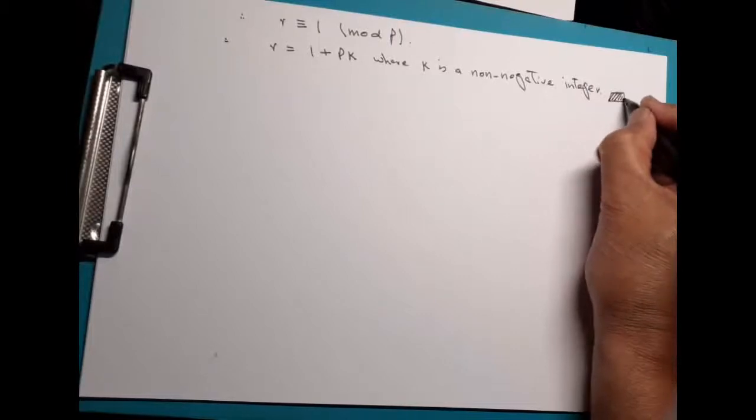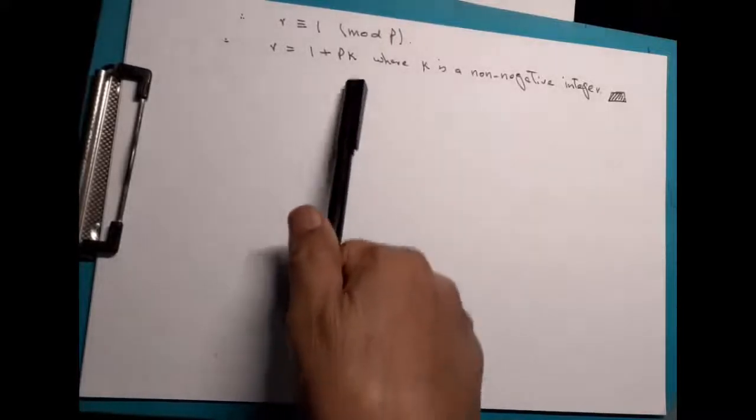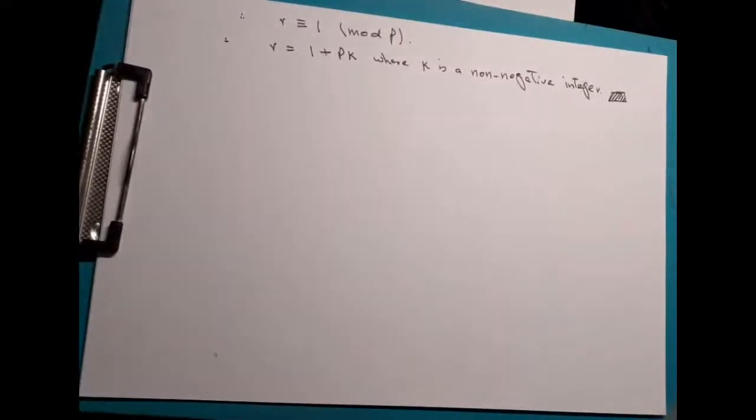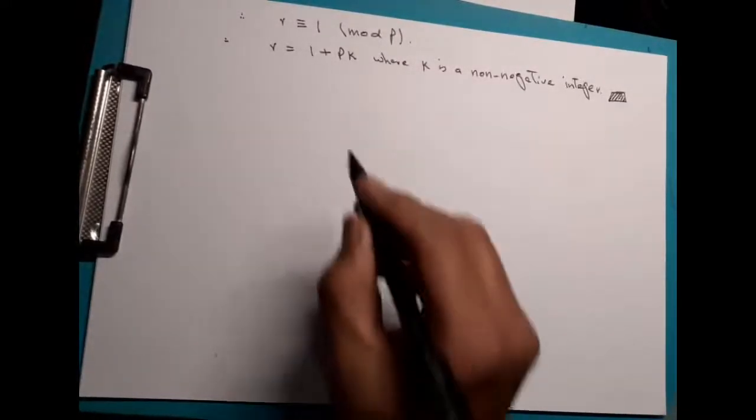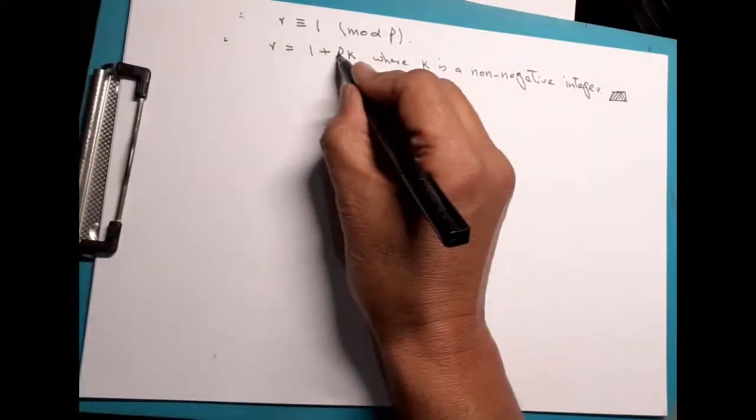Now note that the third Sylow theorem gives us a formula for finding the number of p-Sylow subgroups. But in fact, this is not exactly the formula which gives the exact number of p-Sylow subgroups. The number of p-Sylow subgroups is equal to 1 plus pk.